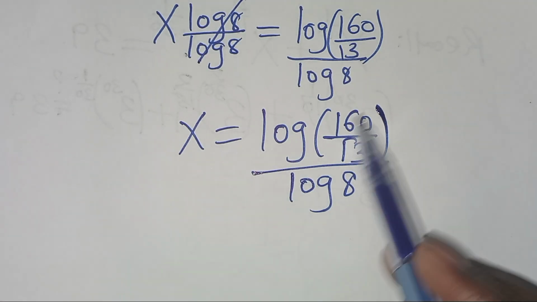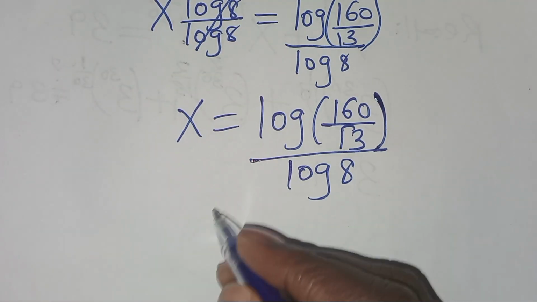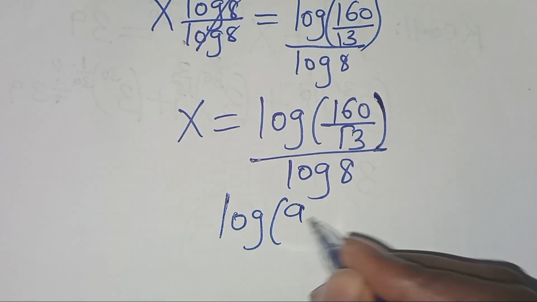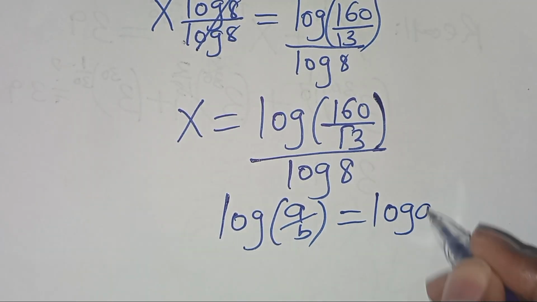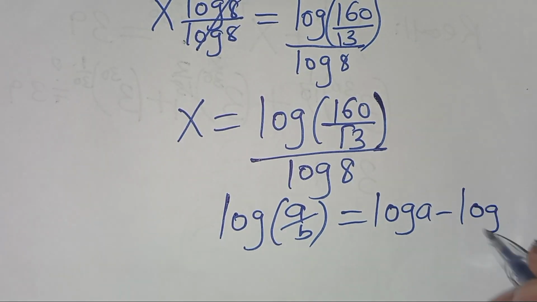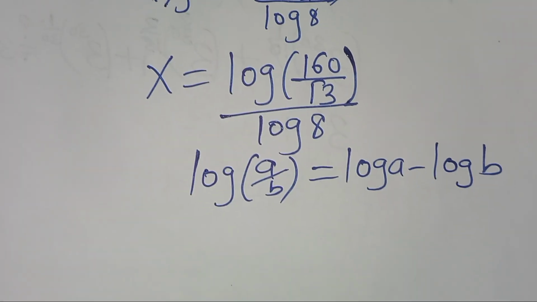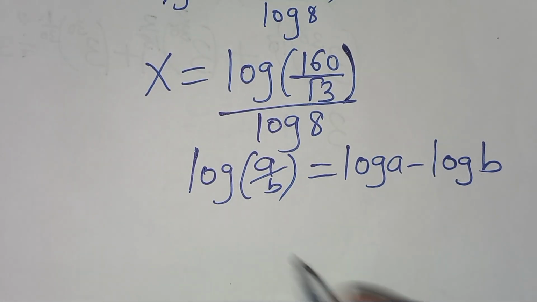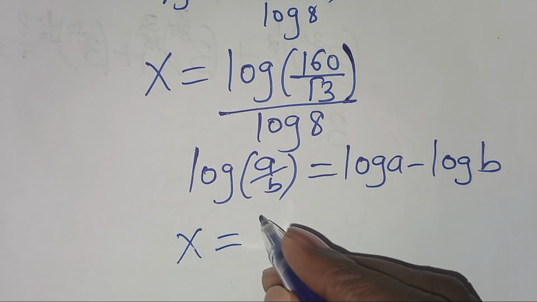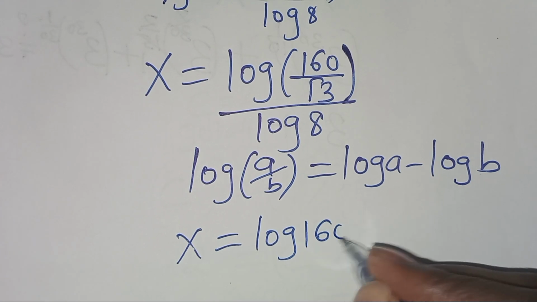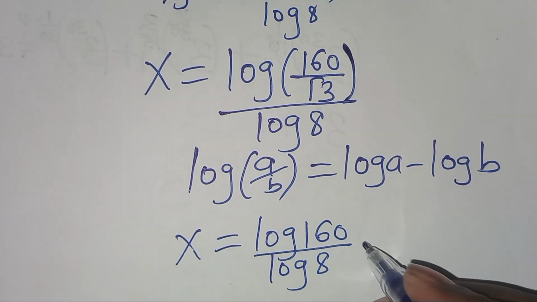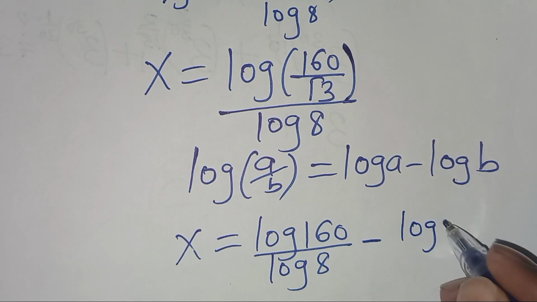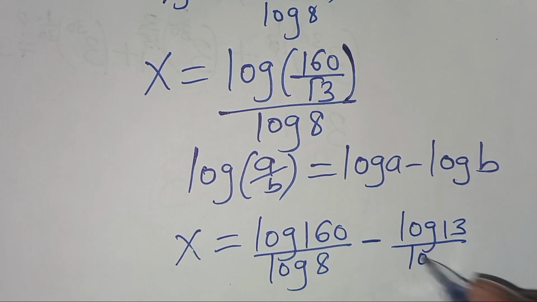So log 160 divided by 13 is in the form of log a divided by b, which we can express as log a subtract log b. Applying this logarithm property, x is equal to log 160 divided by log 8 subtract log 13 divided by log 8.